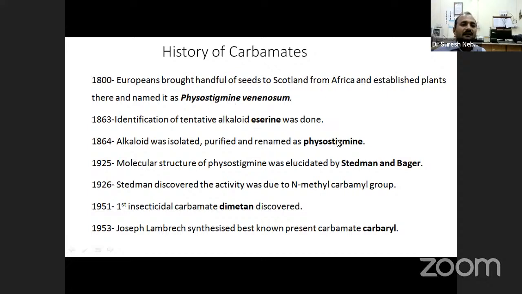So they identified the toxic molecule. Then the alternate terms came into existence, and based on this, the history of carbamate insecticide came into existence.